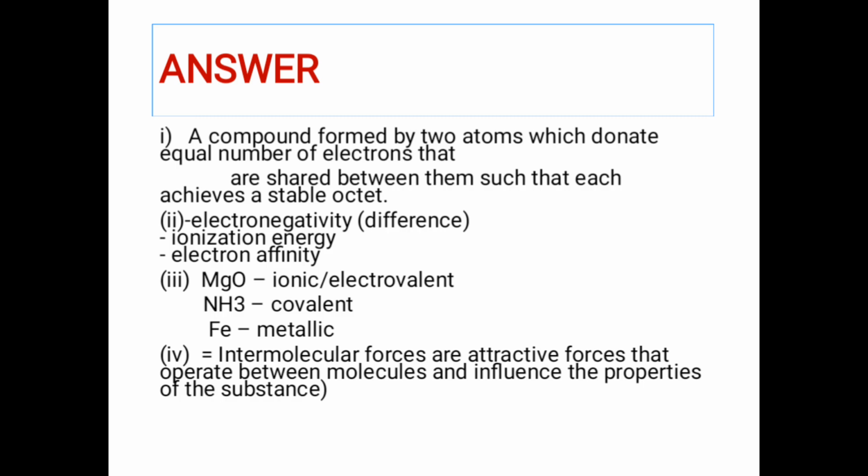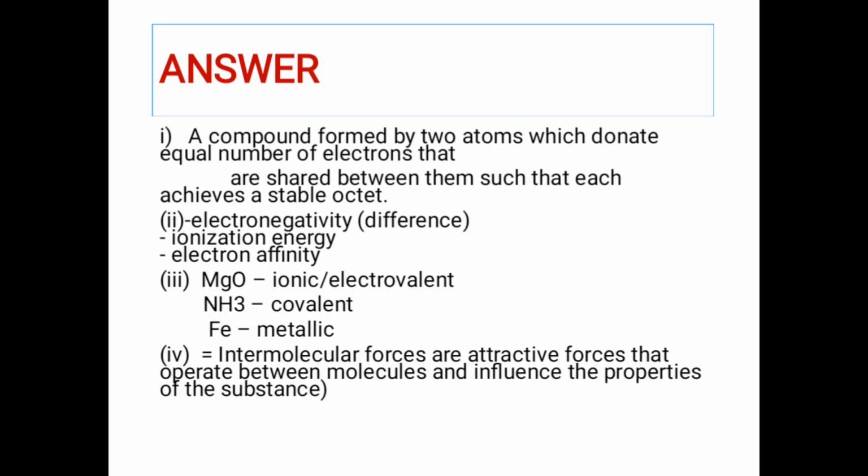We are now looking at factors that determine it; we have mentioned about 5 of them the other time: electronegativity, ionization energy, electron affinity, atomic size, polarity, and so on. And then of course forces of attraction between them.